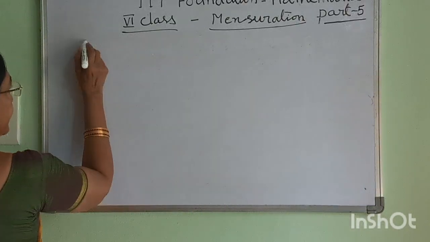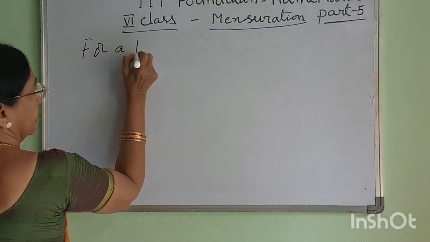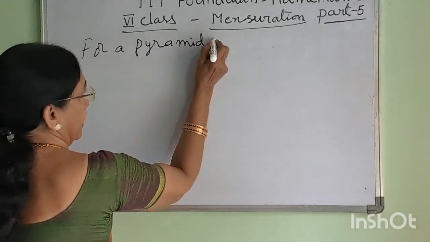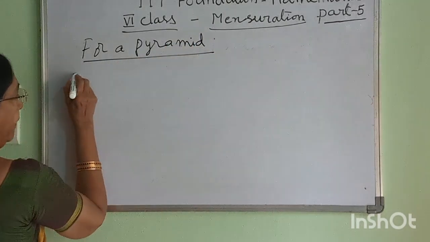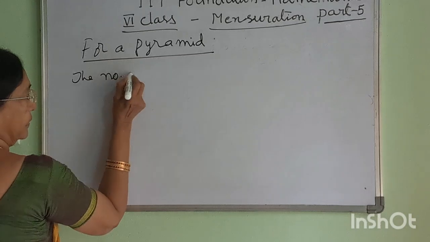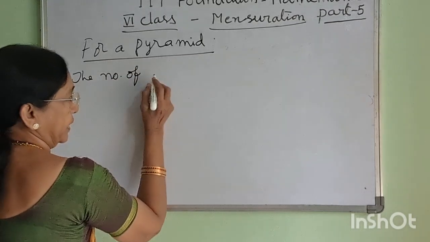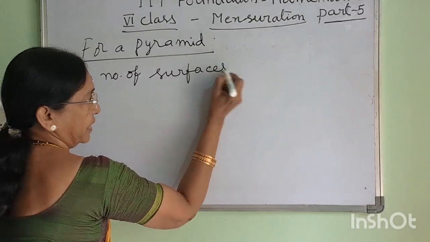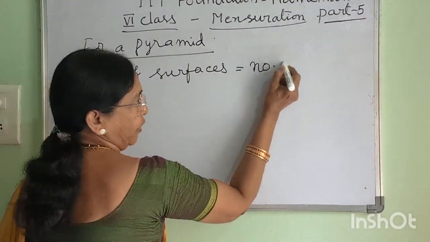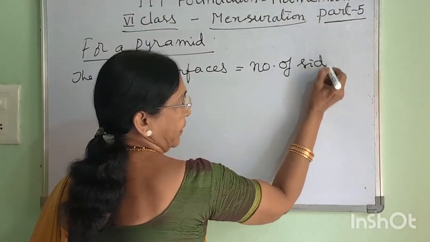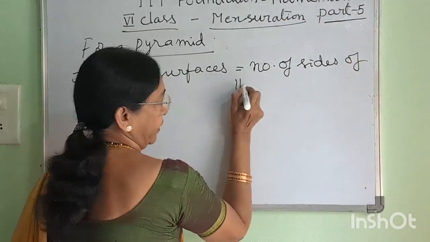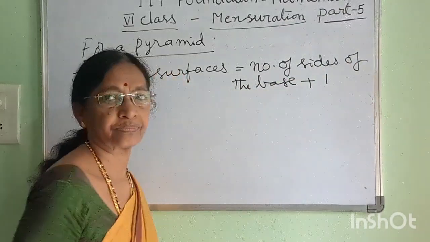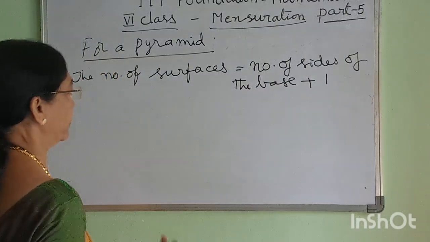So for a pyramid, the number of surfaces is equal to the number of sides of the base plus 1.